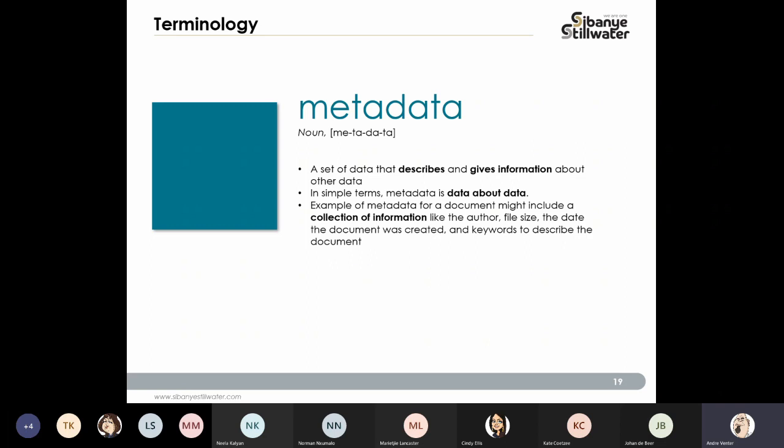Etc. So your metadata describes and gives information about other data, in our case, the actual files that we are uploading within the SharePoint environment. Okay. And there's also a bunch of default metadata that gets created without us having to flag it. When a document was created, last updated, who was the original author, what is the file size, date, all those kinds of things are classified as metadata.